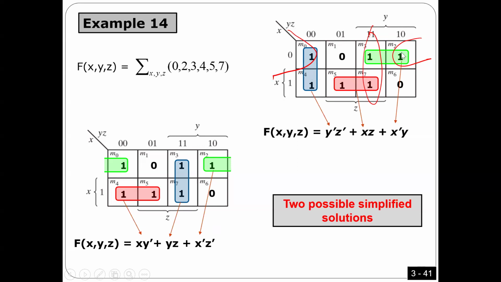So to cover this one, either I take it with this neighbor or this neighbor. Okay. To cover this one here, either I take it with this neighbor or with this neighbor. So it looks like in this very interesting example, we don't have any essential groups, because this one is in two groups and no one is better than the other.